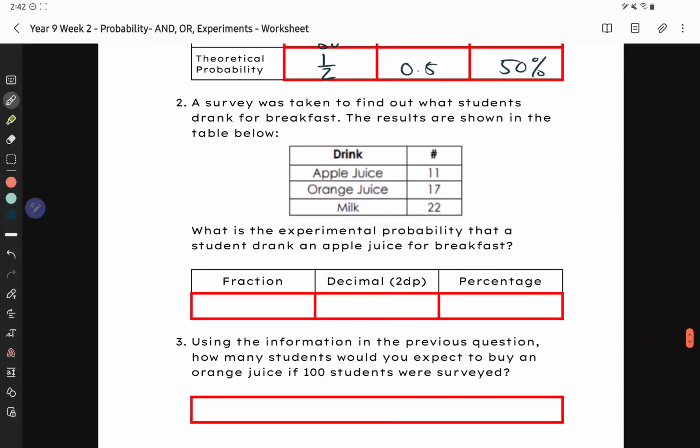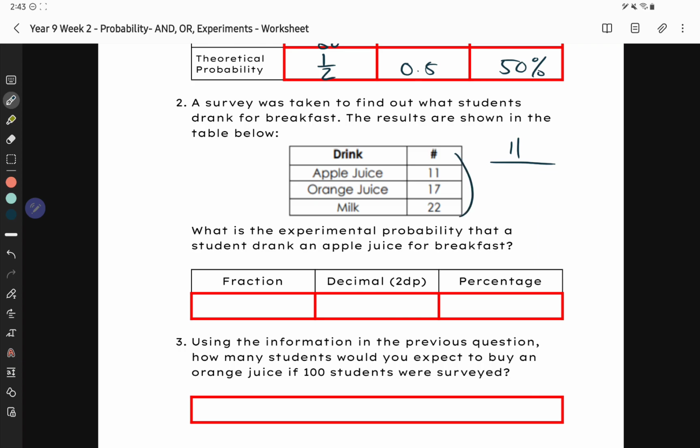Question 2. A survey was taken to find out what students drank for breakfast. The results are shown in the table below. Here we go. What is the experimental probability that a student drank an apple juice for breakfast? Okay, so let's have a look. It's 11 out of something. That something is the total number of students we've asked.